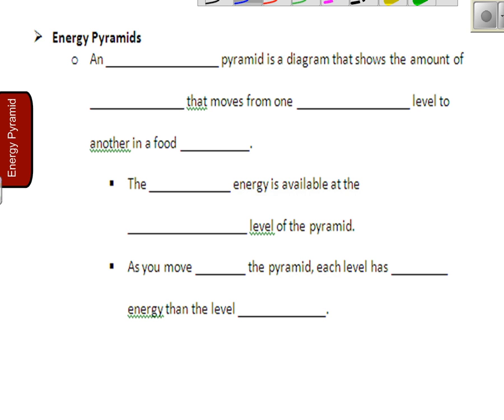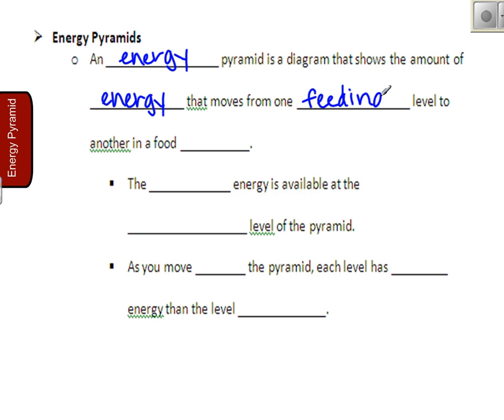An energy pyramid is a diagram that shows the amount of energy that moves from one feeding level to another in a food chain.